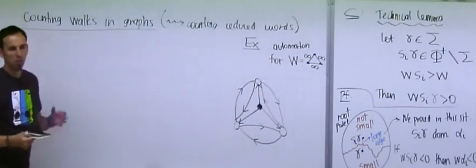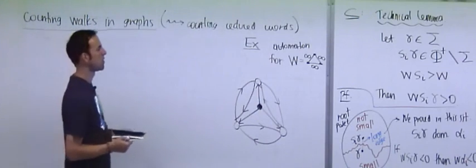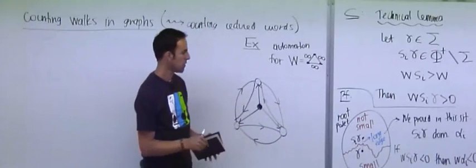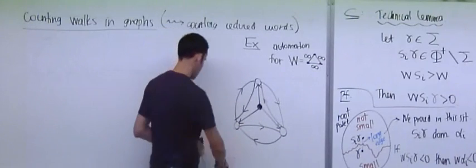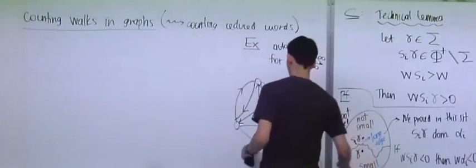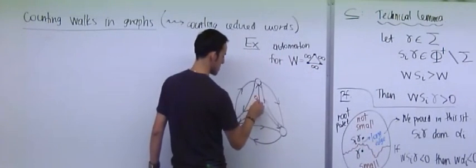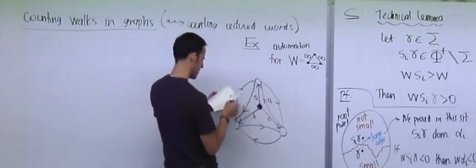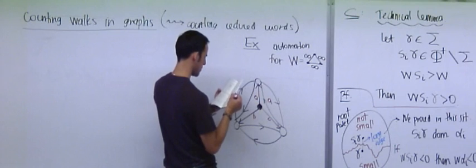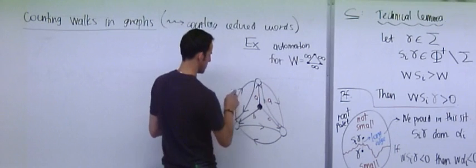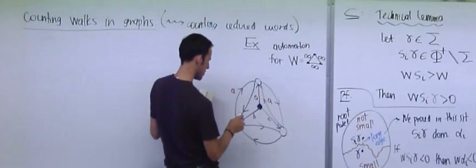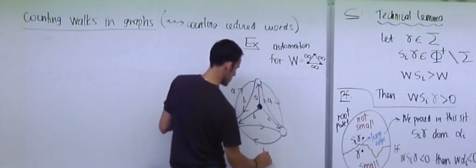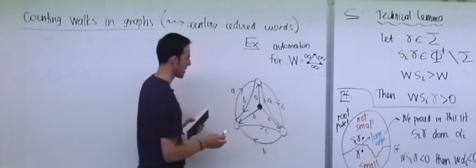So if you do the construction that we did for this group, you'll find that the graph that you get is this graph. And maybe I'll tell you how this graph is labeled. It's labeled A, B, C, this is A. Like this.